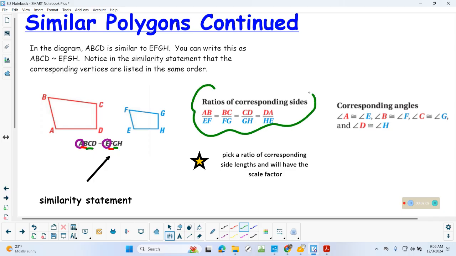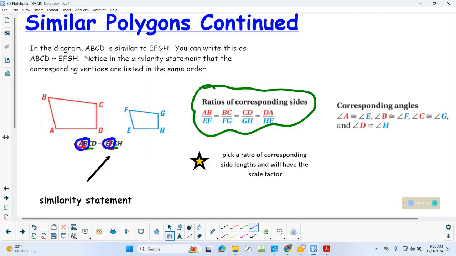Here's the different part. The sides. The sides are not congruent. They are proportional. So you have the fractions. So in the past, we would match up our two letters like A, B, and E, F. They're not congruent. They are proportional. You have the fraction of the sides.